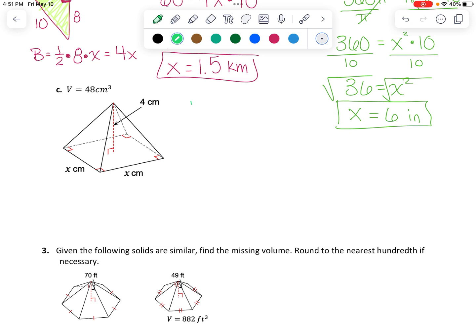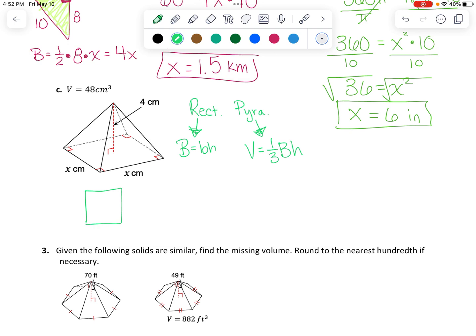2 more problems. Next one, rectangular pyramid. Having a rectangular base means base area is base times height. Being a pyramid means volume equals 1/3 base times height.